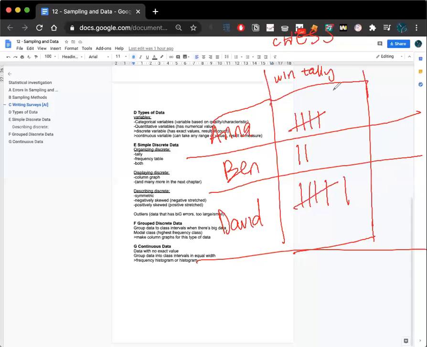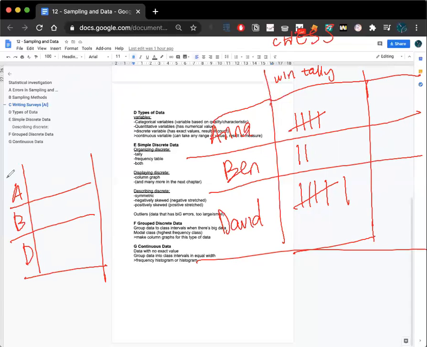And then we can also put this in forms of frequency tables. So an example of a frequency table would be something like this.